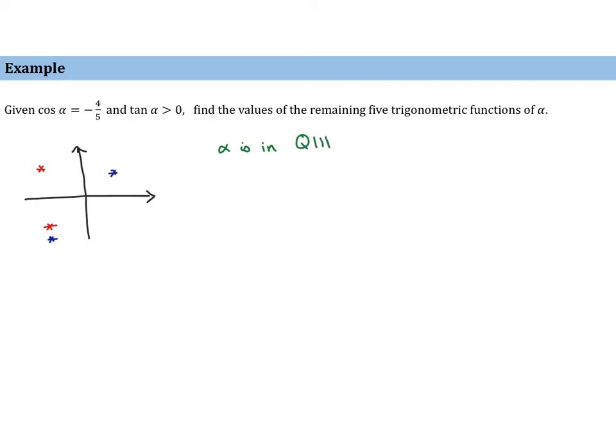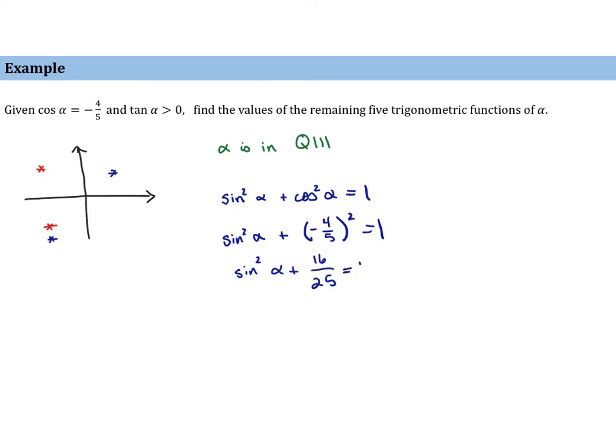Okay, so how will we find the remaining trigonometric functions? We are only told that cosine of alpha is negative 4/5. Well, we have a Pythagorean identity that relates sine of alpha and cosine of alpha: sine squared of alpha plus cosine squared of alpha is 1. So we know sine squared of alpha plus the square of negative 4/5 should equal 1. So sine squared of alpha plus 16/25 equals 1.